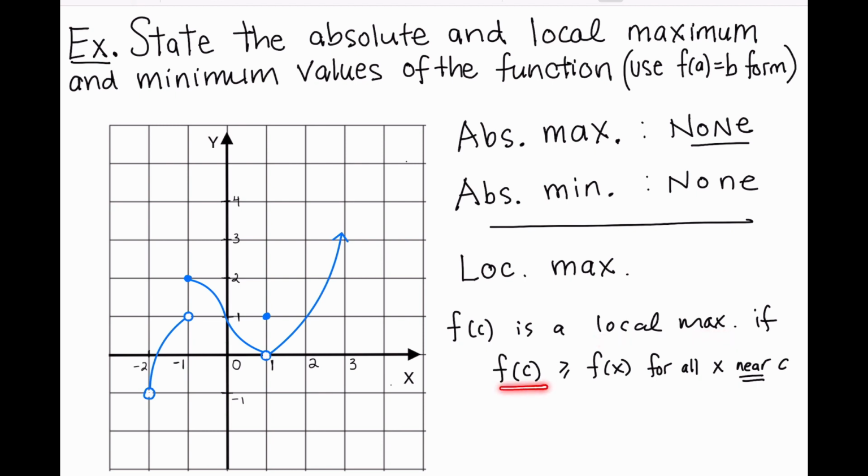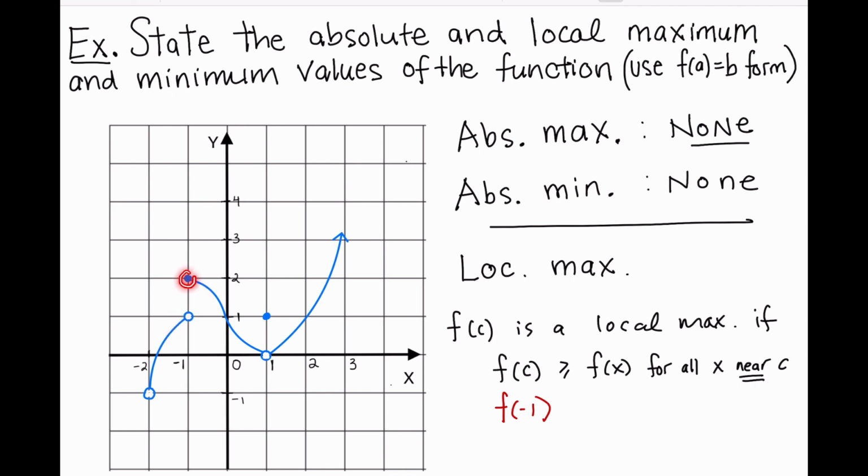However, if you look at this definition and consider f of -1, we see that f of -1 is equal to 2, and 2 is larger than any of the outputs of my function near -1.